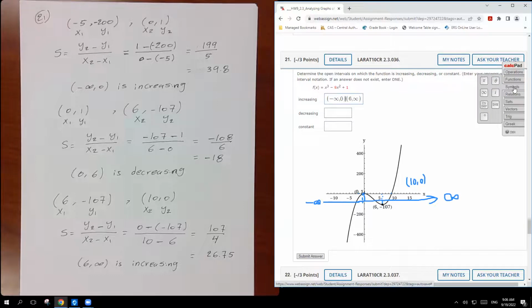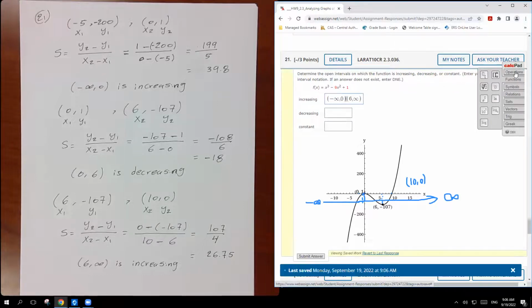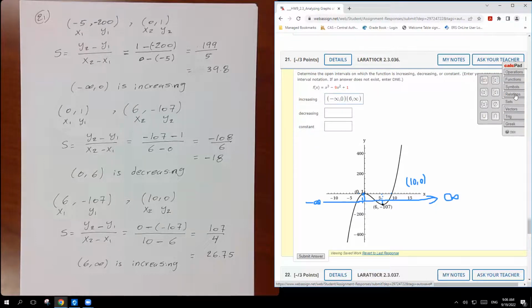Not here. This one. See, you're going to go to the sets, and here is the union. You have to put union between the parentheses. If you have more than one interval, you're going to put union. You're going to go to the sets and click on union.